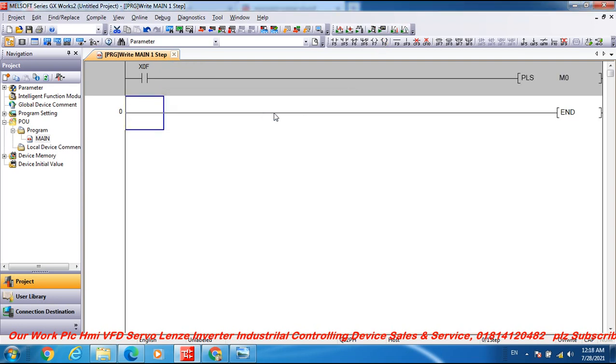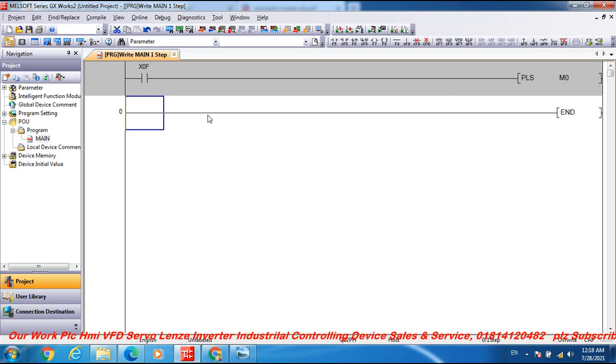When X0F is on, then pulse M0 turns on set frequency write RAM command pulse, write the set frequency.